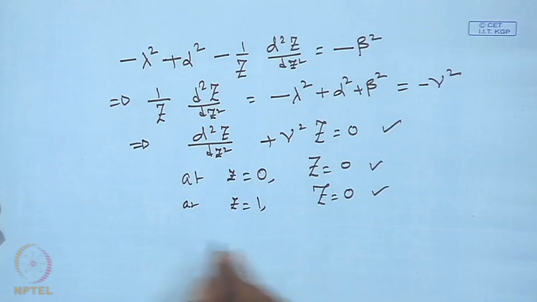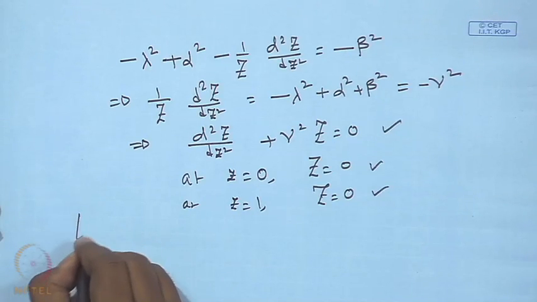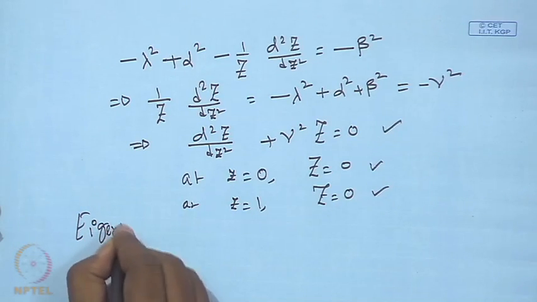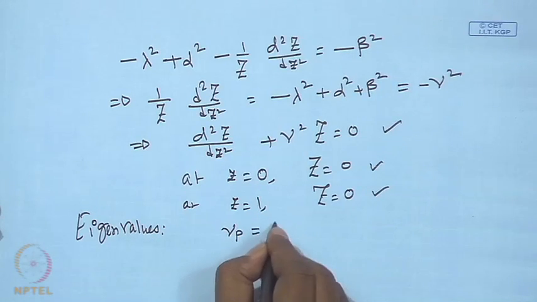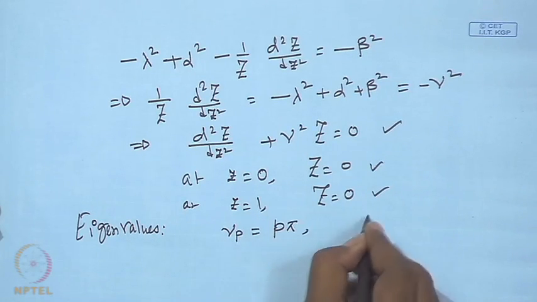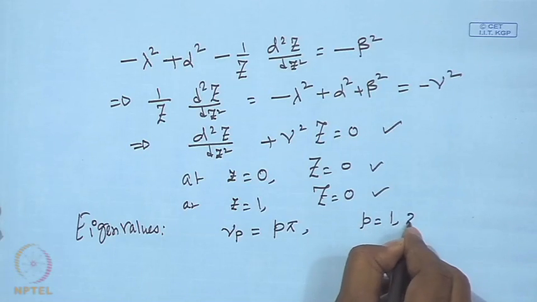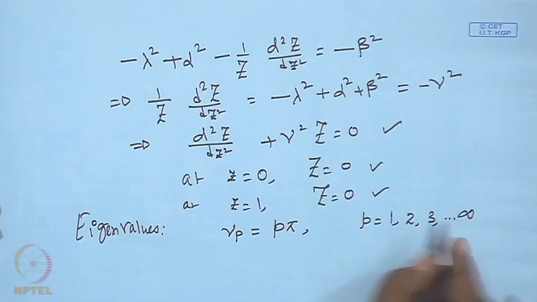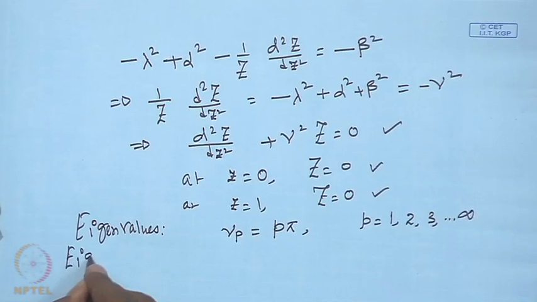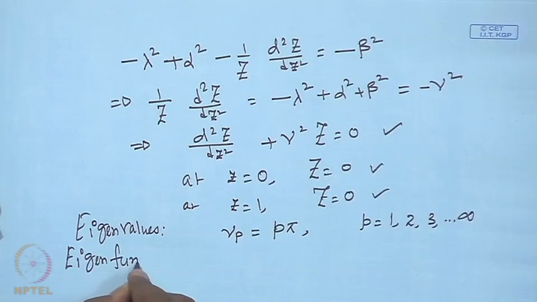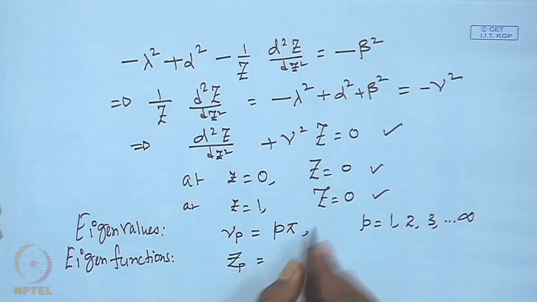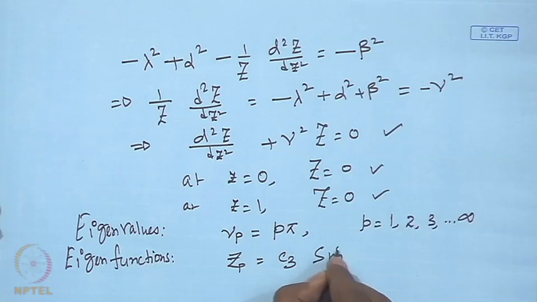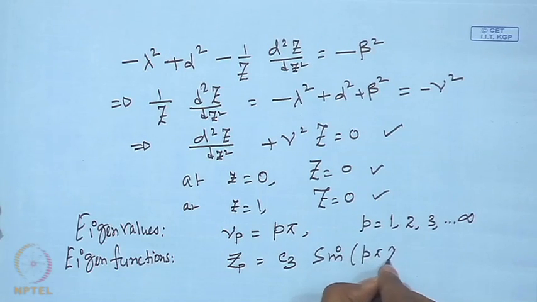So, nu p is equal to p pi, where p is equal to 1, 2, 3 up to infinity, and the eigenfunctions or solutions are Z p, which will be C 3 sin p pi z.